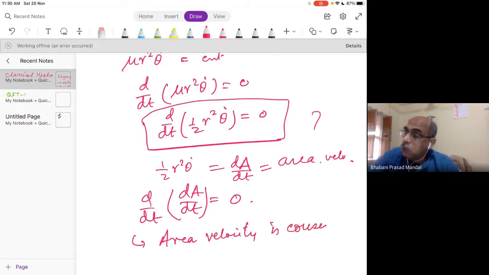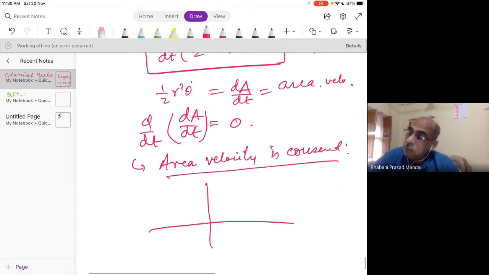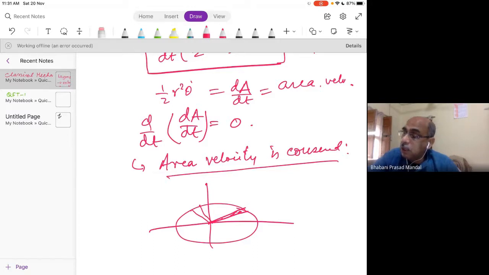You already know for Kepler's problem that areal velocity is conserved, that it will cover equal area in equal time. So if you have an elliptical motion and you cover some area in 1 second here, then when you cover it there, the length is large here and small there, but in 1 second it will cover equal area.